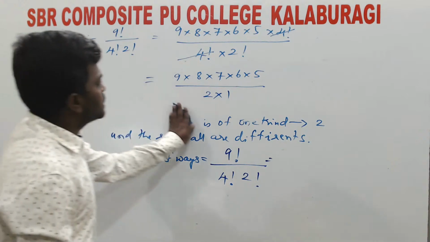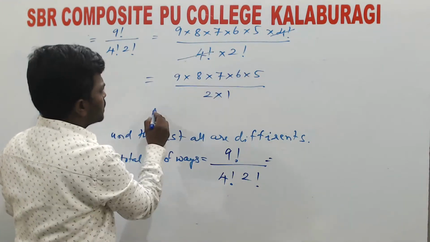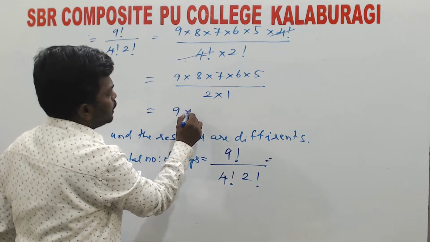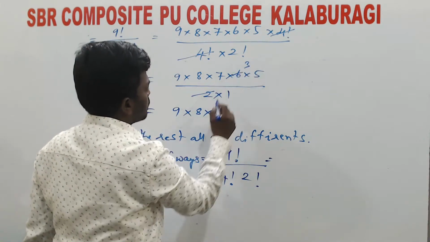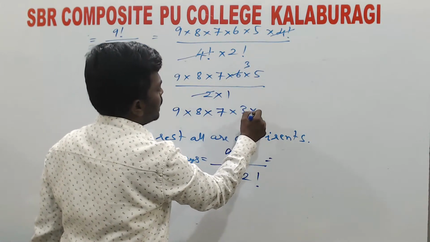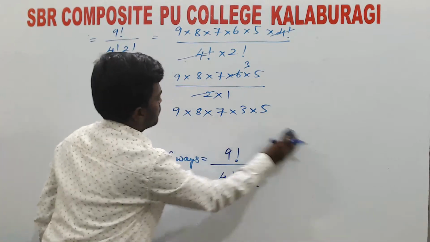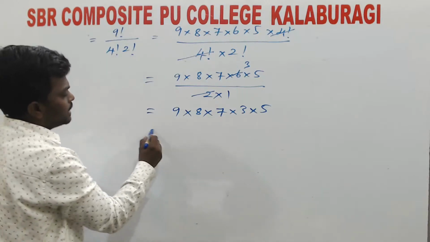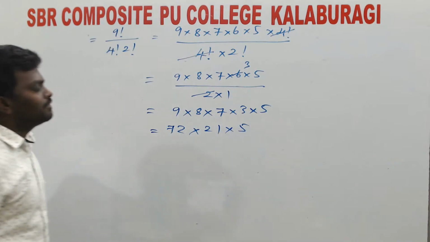Okay, so now just simplify this again. 2 threes are 6, or 2 fours are 8, your wish, right? So it will be 9 into 8 into 7 into 3 into 5, right, students? So 9 8s are 72 into 7 3s are 21 into 5.